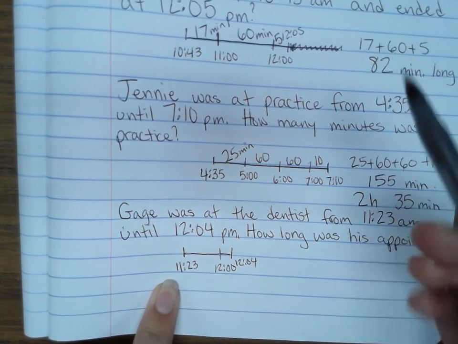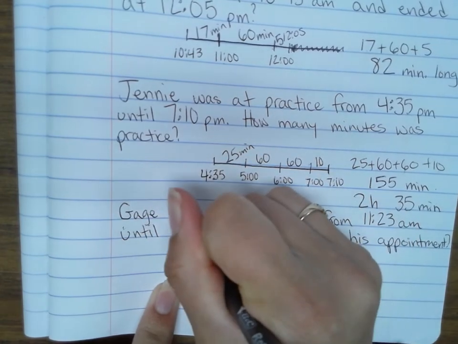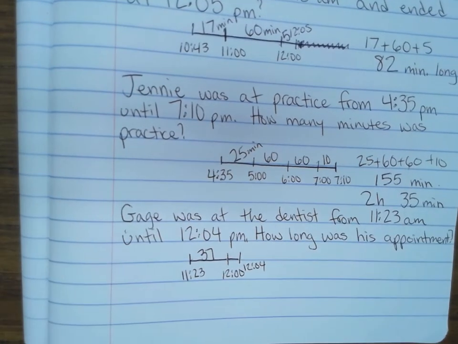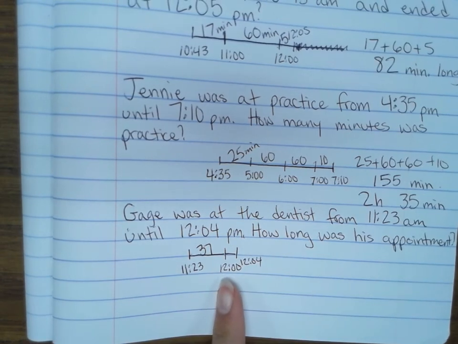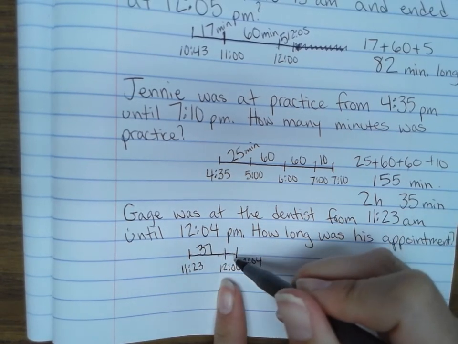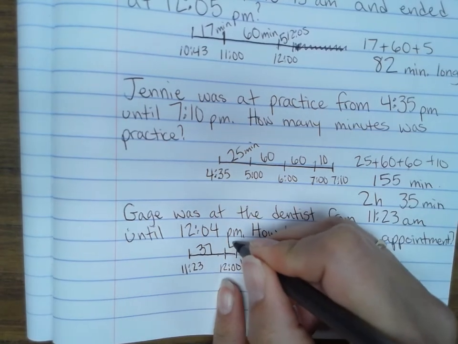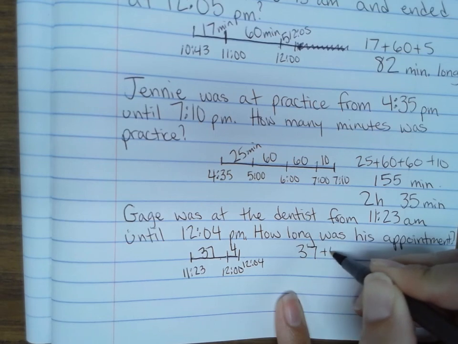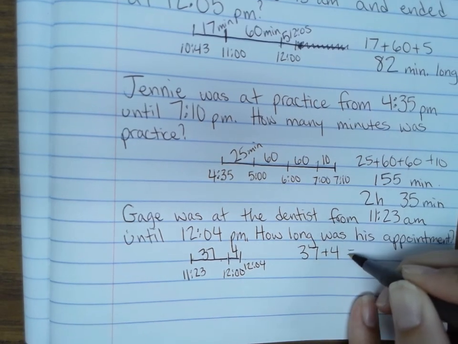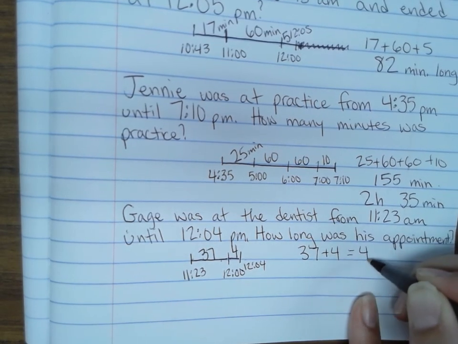And then 30 more minutes. So this was 37 minutes. Or you can just count up, right? 23, 24, 25 till you get to 60 or 12 o'clock. So there's 37 minutes in between here and there. And then 12 to 12:04 is another 4 minutes. So 37 plus 4 gives it the dentist for a total of 41 minutes.